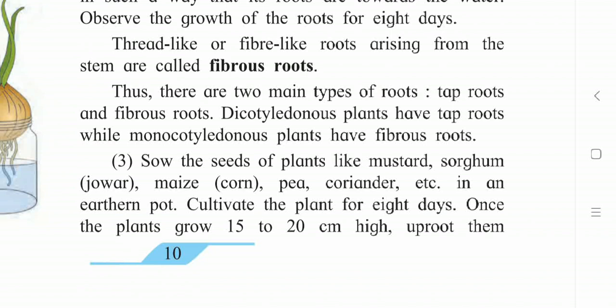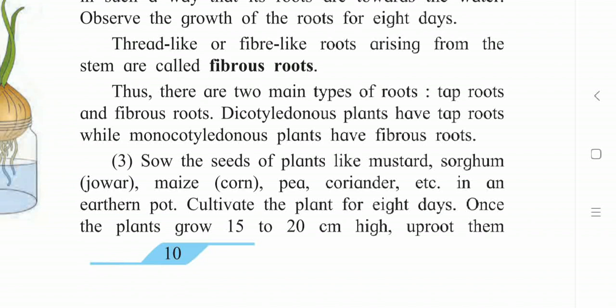Dicotyledonous plants have taproot, while monocotyledonous plants have fibrous root. द्विदल आणि एकदल वनस्पती. The seed of some plants, when we open it, becomes two parts. For example, upside we saw an example of gram seed, हरभऱ्याचं बी. If we open that moist gram, easily it becomes divided into two parts.